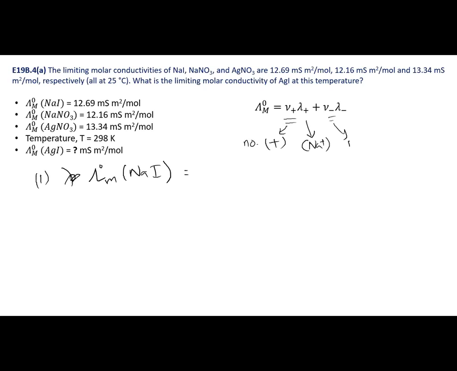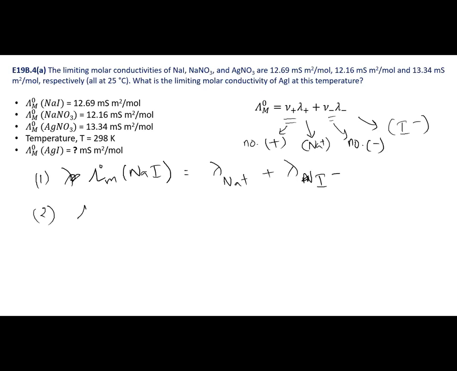Nu minus is the number of anions that are generated from each molecule of electrolyte, and lambda minus is the type of anion, which is iodide as an example. So from sodium iodide I get only one of each of these ions, so it's lambda Na plus lambda I minus. So that's the first equation.